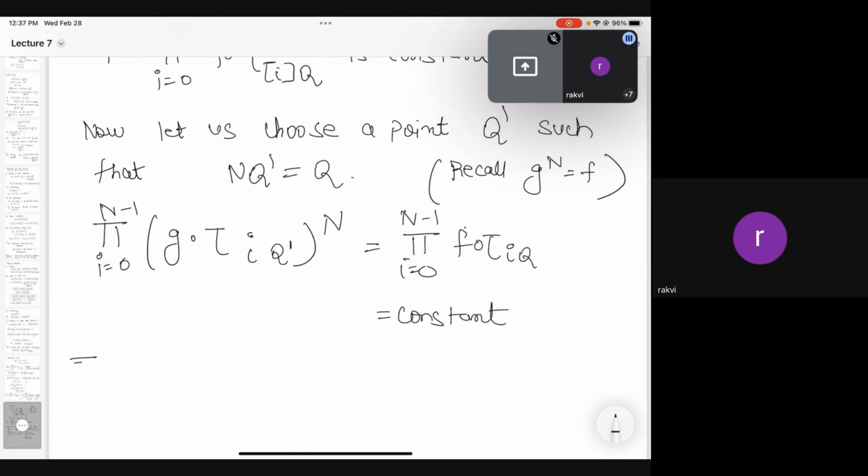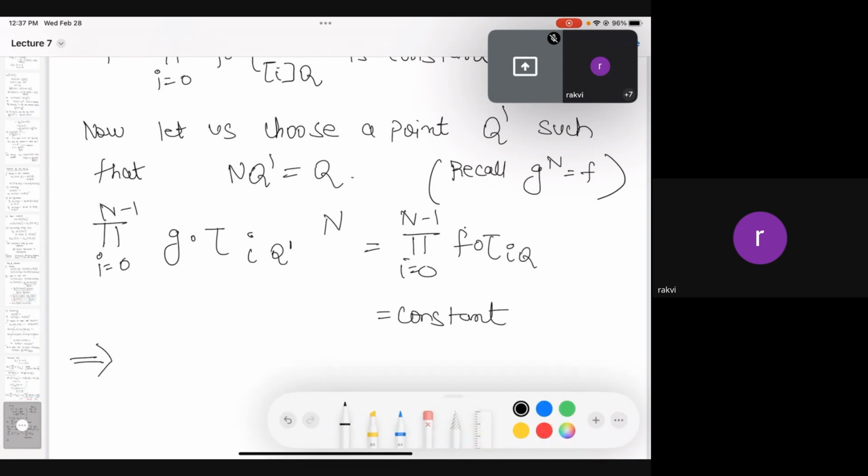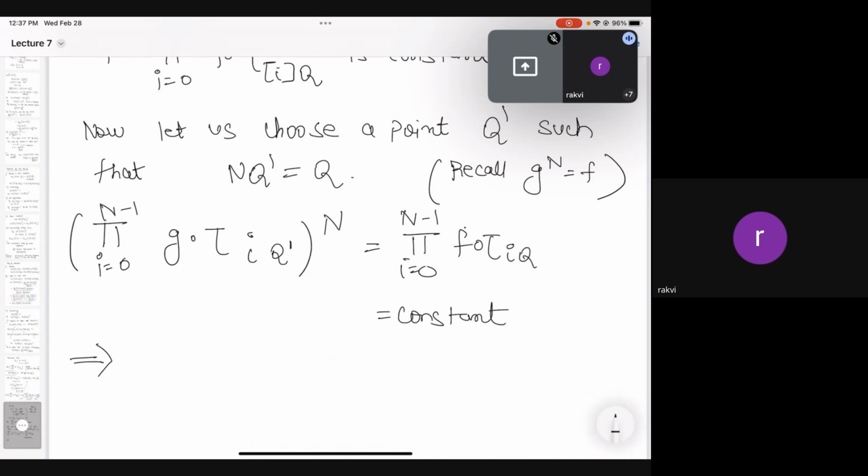So it implies, just so that it's clear, something raised to the power n is constant. So that simply means that this product is also constant.